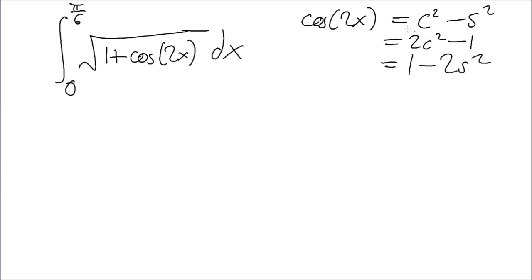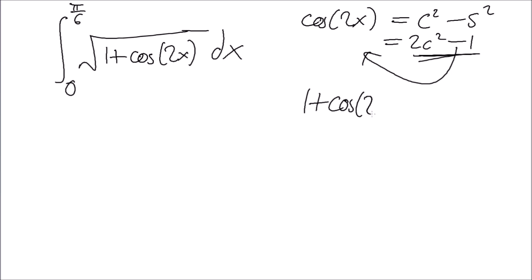So I need a 1 on the other side. And that means that we will be using this here, because I could just add a 1 to the other side. So now 1 plus cosine 2x is equal to 2 cosine square. That works. That will help cancel out the square root.